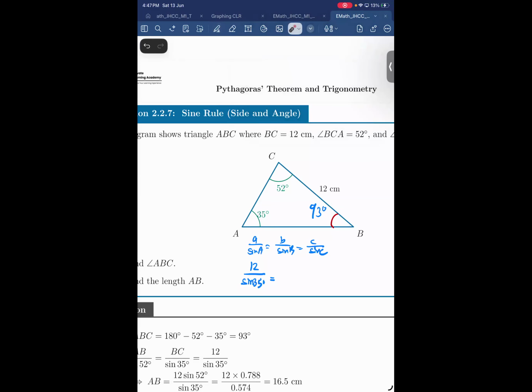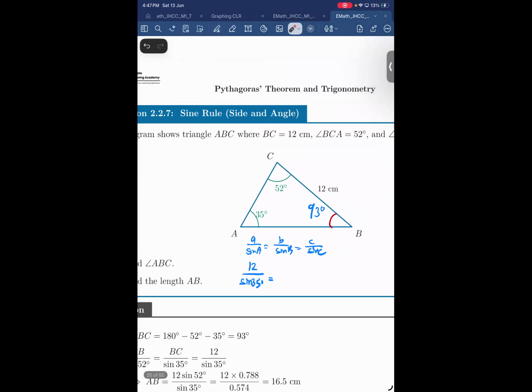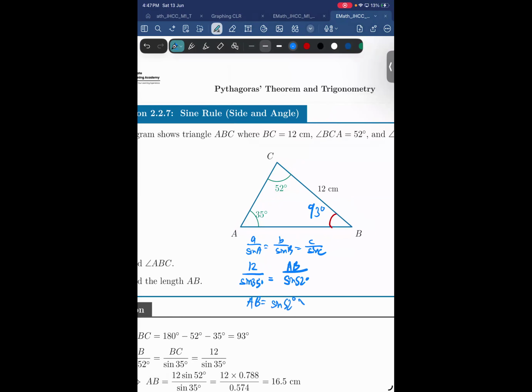In the end, we want to find AB. AB is this guy, and the angle opposite is 52 degrees. So it's AB over sine 52 degrees. So in other words, AB is sine 52 degrees times 12 over sine 35 degrees. The answer is 16.5 cm.